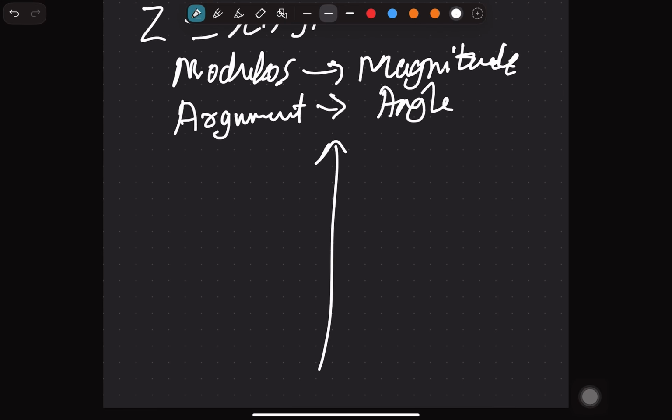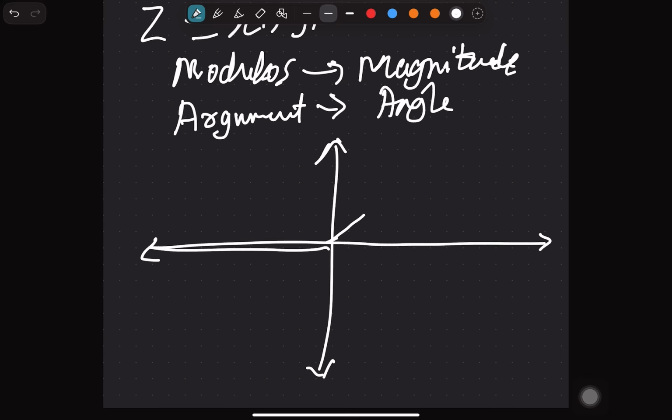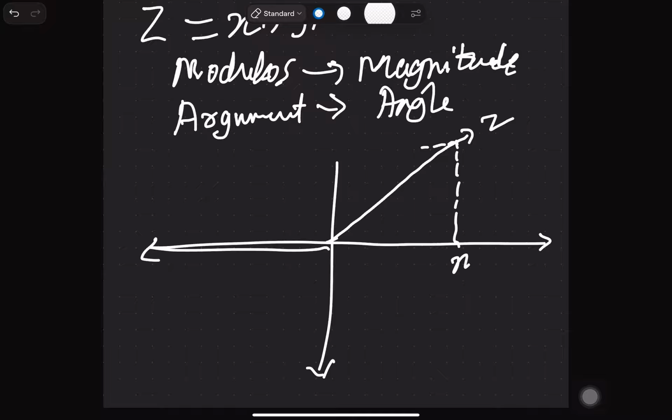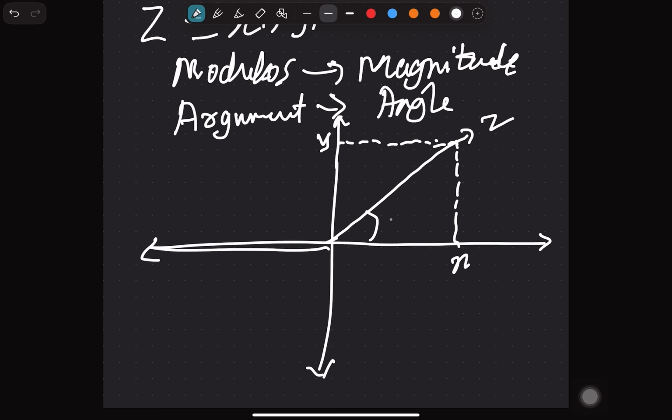In the complex plane, as we saw earlier, for a particular complex number z having real component x and imaginary component y, then this is our modulus, the straight line to the end over here.